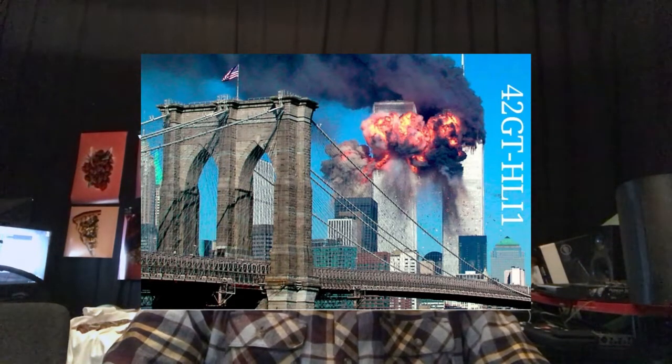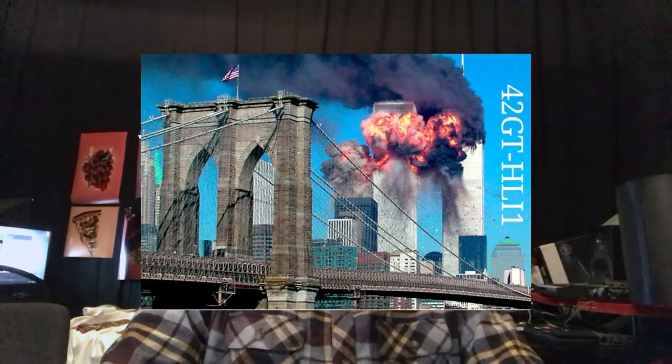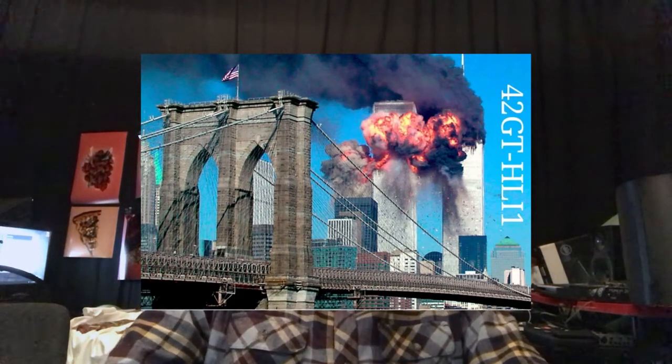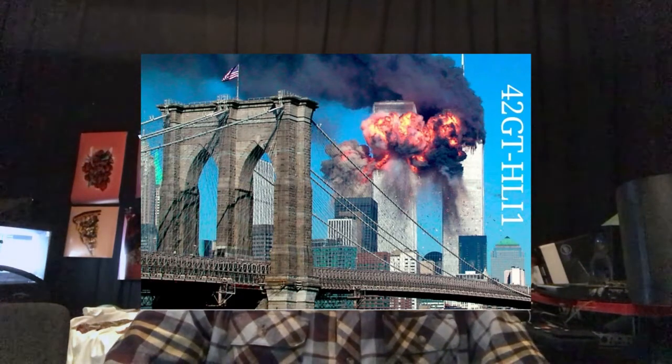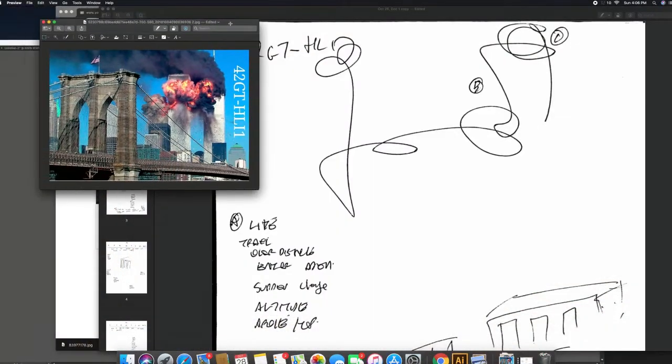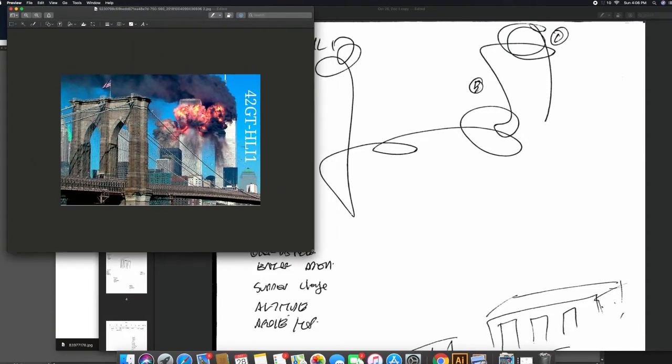It's the events that happened on 9/11, specifically the towers burning, the explosion that's happening in the background behind the bridge. That was the target, the task. We're going to take a look at this CRV session first. All right, the open CRV session.